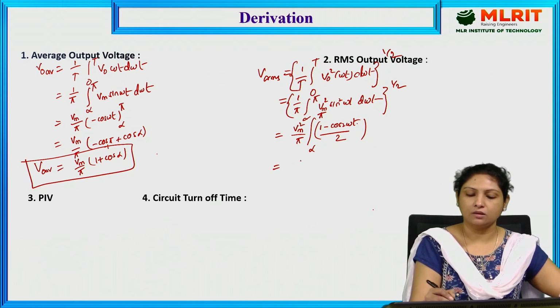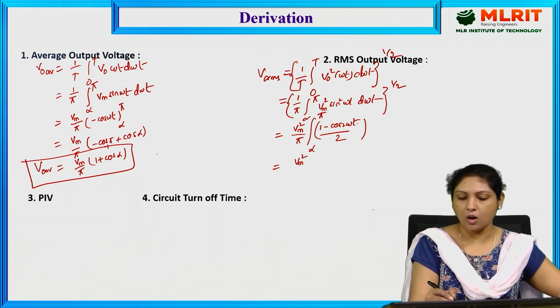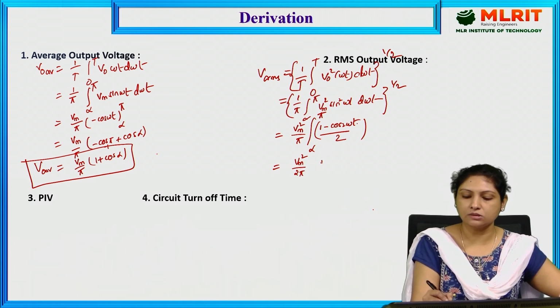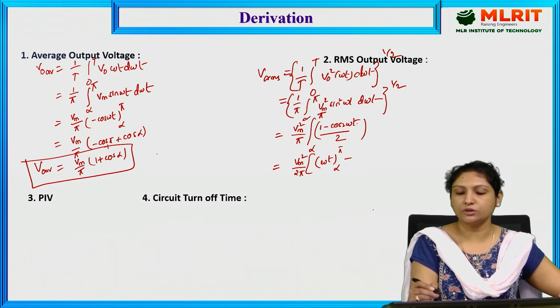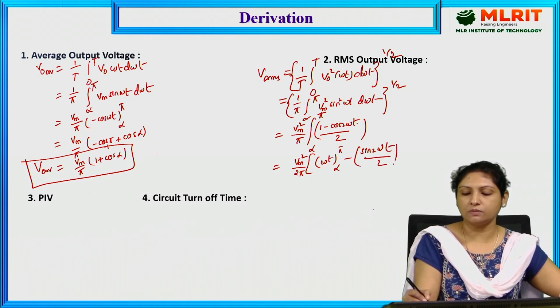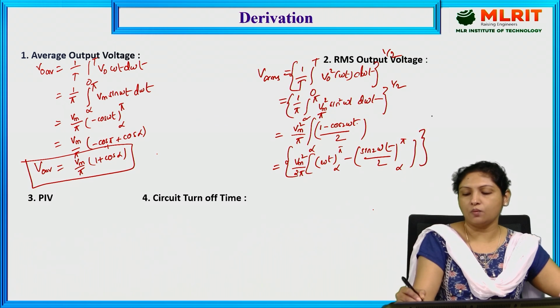We get Vm square, taking the denominator out, 2 pi, and integration of 1 is omega t within the limits alpha to pi, minus integration of cos 2 omega t, which is sine 2 omega t by 2, within the limits alpha to pi, whole to the power of 1 by 2.